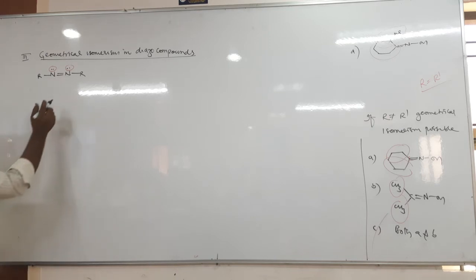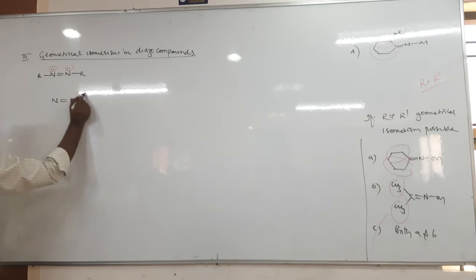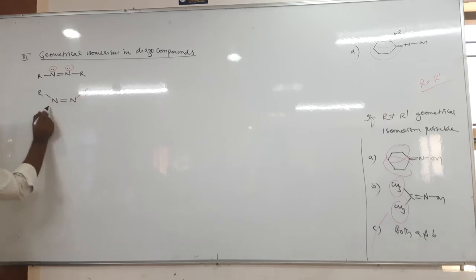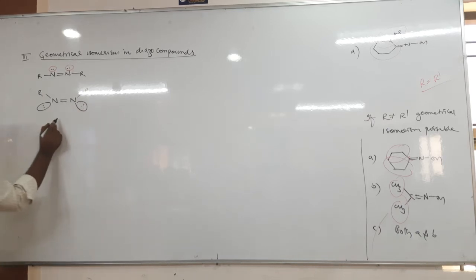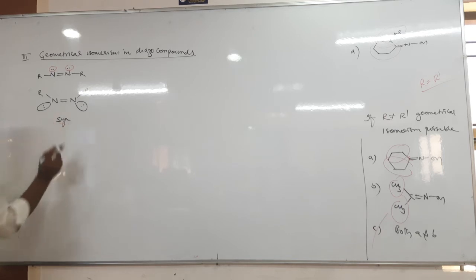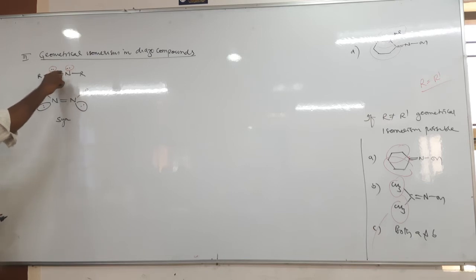Right. Next, tell me, here also N double bond N, you can write like this, R on the same side, then lone pair on the same side. Is it syn or anti? It is called syn. Lone pair delocalization, what may be the possibility? This lone pair may come here.